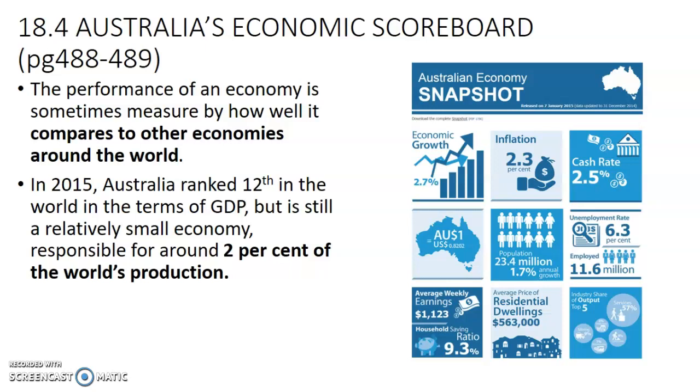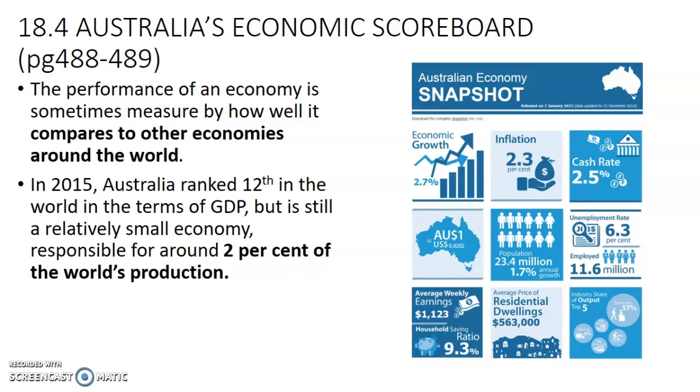That is why we have to compare it with other economies around the world. You can, for example, compare Australia to India, or Canada again, or the USA. These are some of the countries that you can compare your economy with. Now, in 2015, Australia ranked 12th in the world in terms of GDP, gross domestic product, but is still a relatively small economy. Australia is a very small economy because there's not a lot of production in Australia.